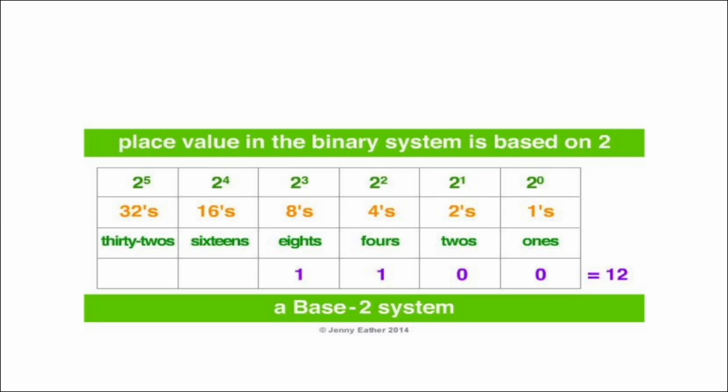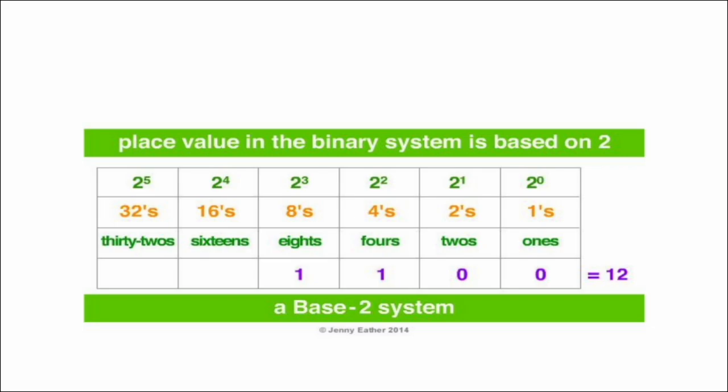So how to do that? All you need to do is consider the place values. Here the place values are nothing but 1's place, 2's place, 4's place, 8's place, 16's place and so on. Take each digit in a particular place and multiply it with its place value. So 0 into 2 power 0 plus 0 into 2 power 1 plus 1 into 2 square plus 1 into 2 cube and so on.